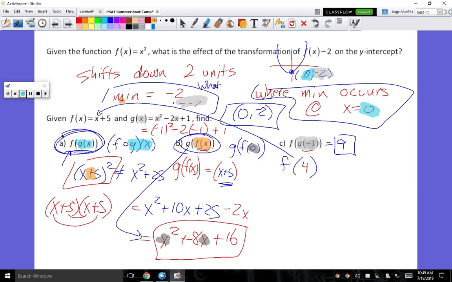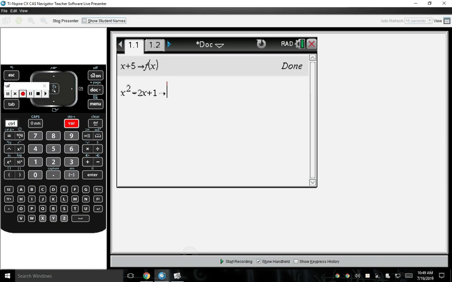And then I would have said x squared minus 2x plus 1 is stored. So control var, control store. I'm just realizing, x squared minus 2x plus 1, control var will store it as g of x.